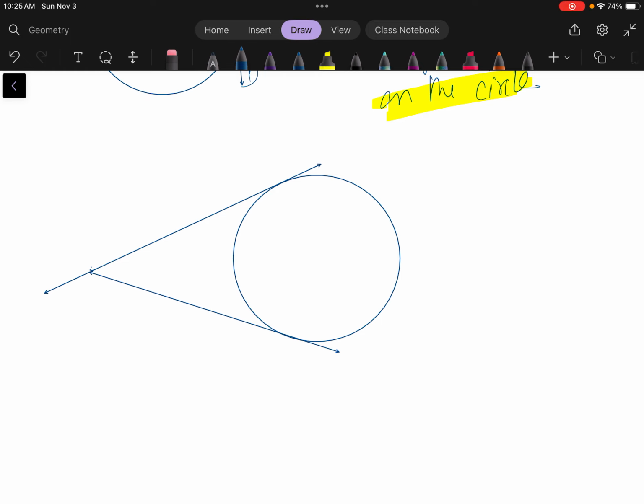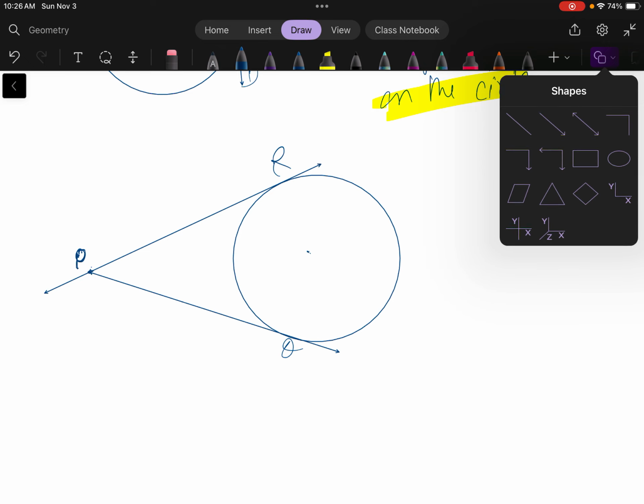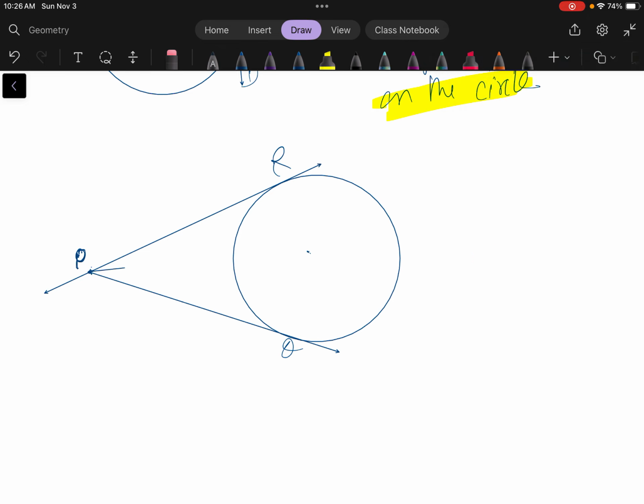P will be the point that is residing outside the circle, and if I draw tangents, like this PQ and this PR, and let's take O as the center of this circle. So let's say we will join this to the center of the circle.